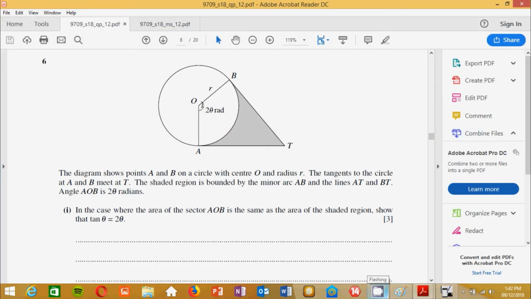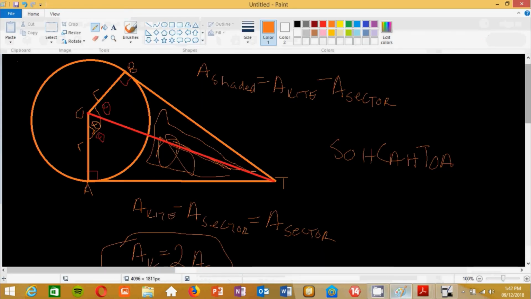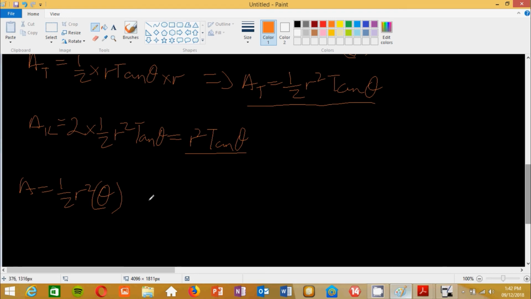We're looking at this sector, and the angle is 2 theta. So the area of my sector is going to be a half r squared multiplied by 2 theta, which is just r squared theta, since a half times 2 is just 1.